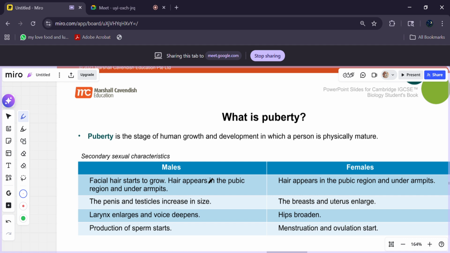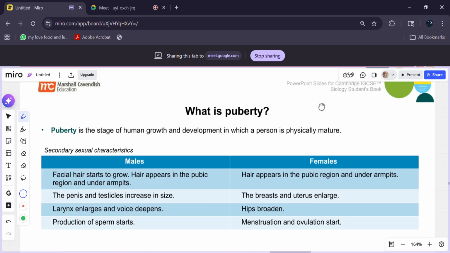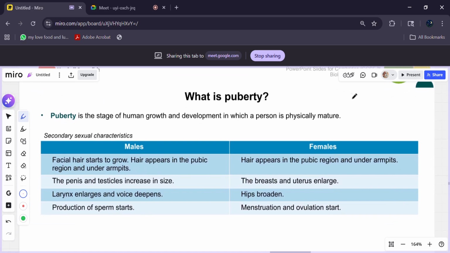Puberty normally arises at different ages. For males and females, it could be from 13 all the way to 15 or 16. And depending on the gender, different factors begin to show.